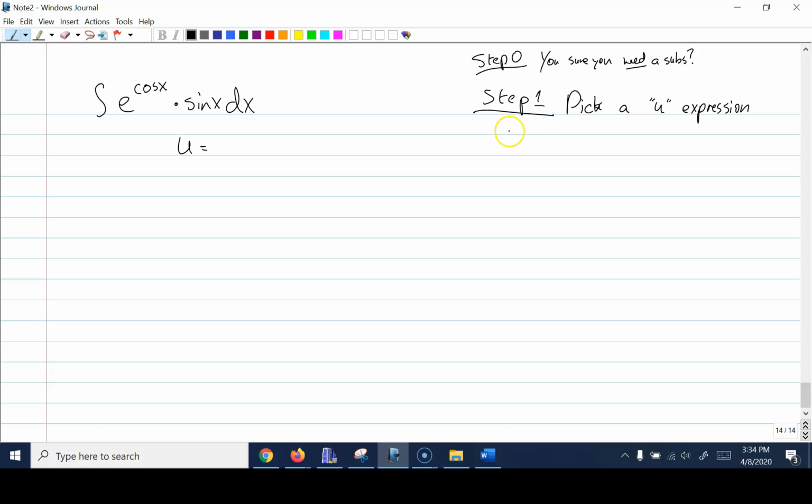A good u choice is something that shows up inside a function, and a great u choice has its derivative outside somewhere.